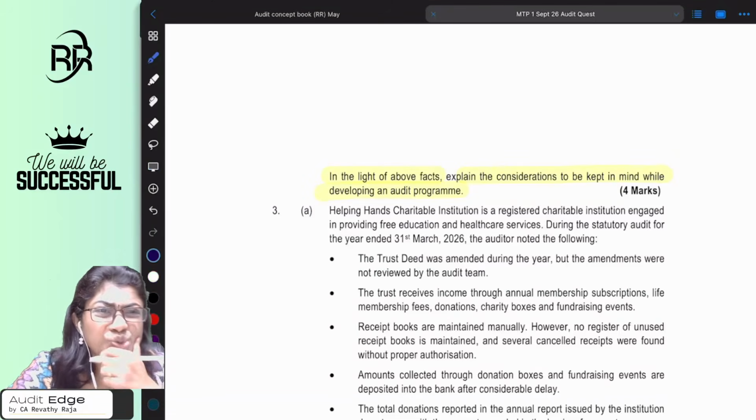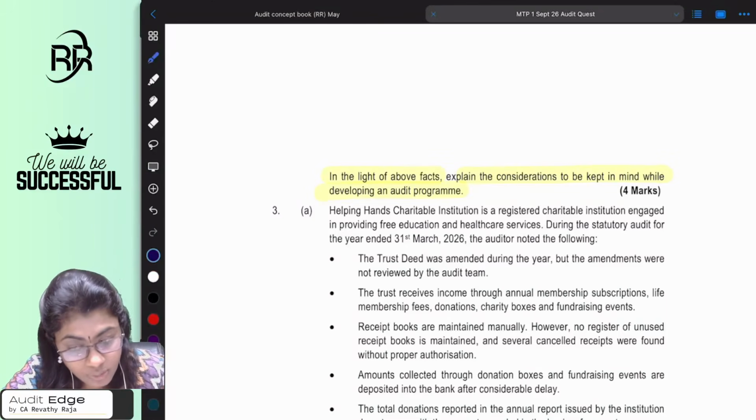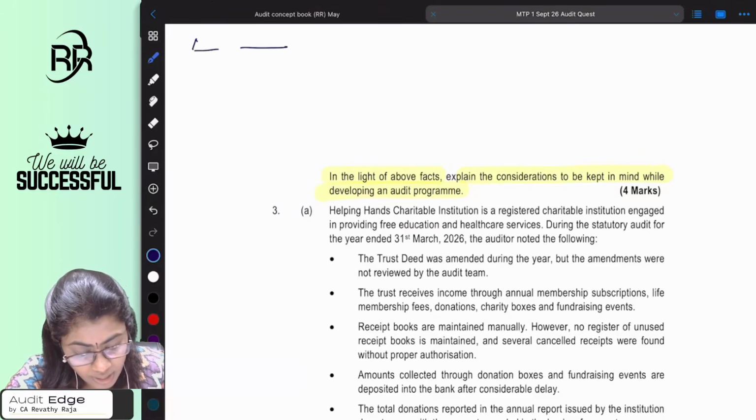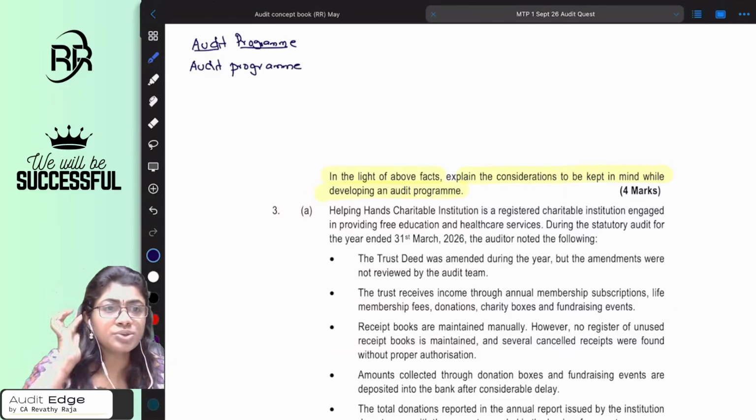So, I'll show you the direct answer from my material. How will you start? You can put a heading, audit program. Then you can write what is audit program. You can write the detailed instructions given by the auditor to the team.